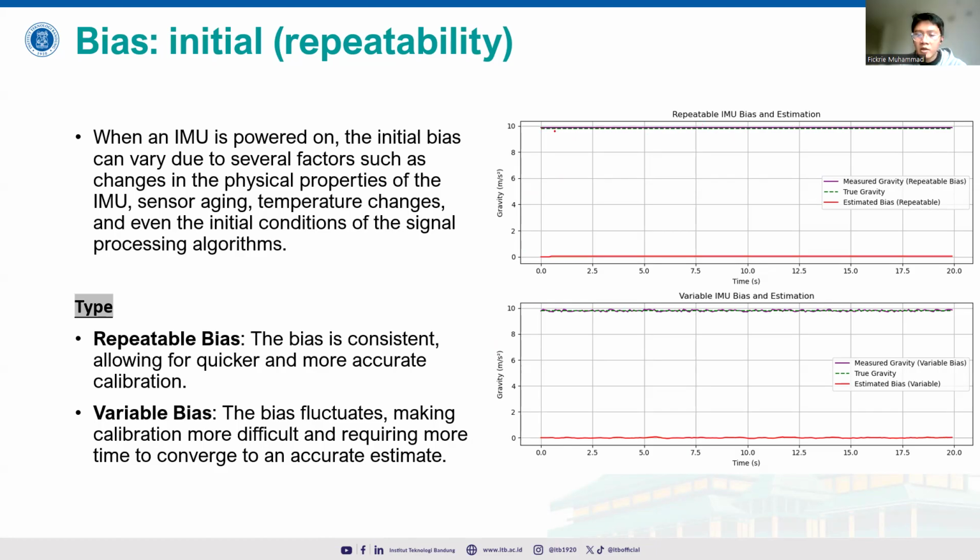We can directly measure the constant value and estimate seamless measurements of our IMU. But if it's more random or variable, we'll have more fluctuating measurements over time in our IMU, so not that seamless in comparison with these measurements.